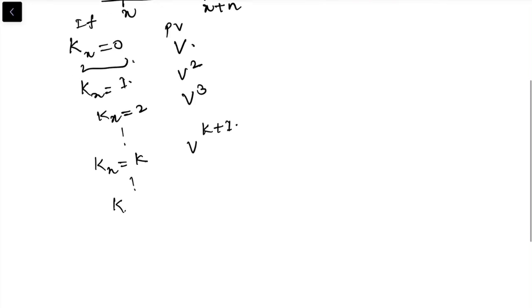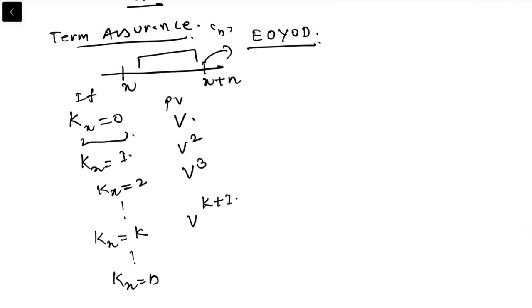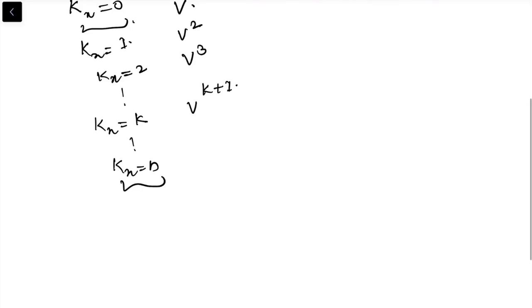And now what if Kx equals n? So in term assurance, the policy will expire at x plus n, right? If you die within x and x plus n, then your nominee will be paid. But if you die after x plus n, then your nominee will get nothing. Okay, now here Kx equals n means the person will survive for at least n years after age x, so the present value is 0.